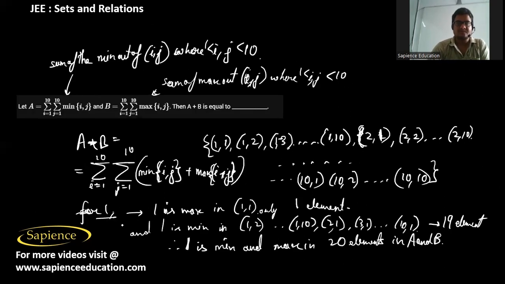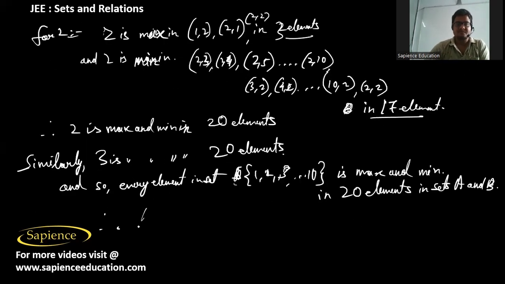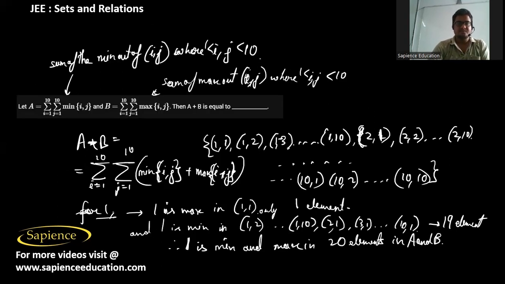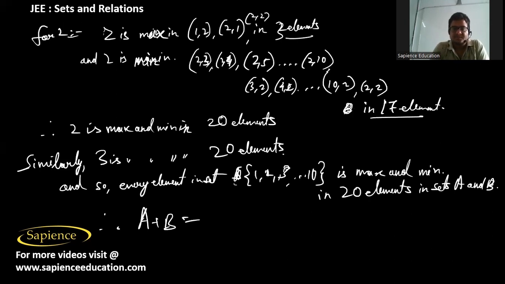So therefore, for A plus B, all those elements we have to add. So it will be 1 plus 2 plus till 10, into 20, since every element is maximum and minimum in 20 ordered pairs.